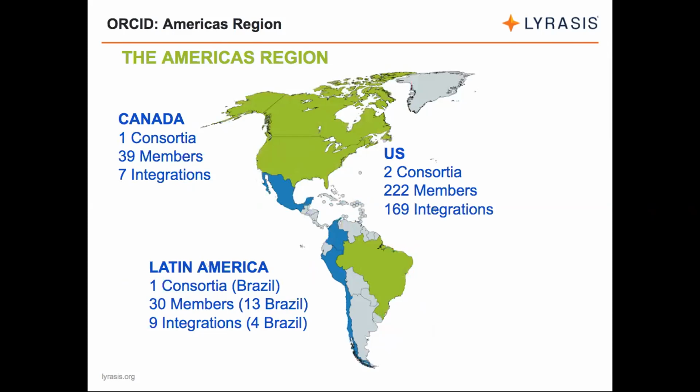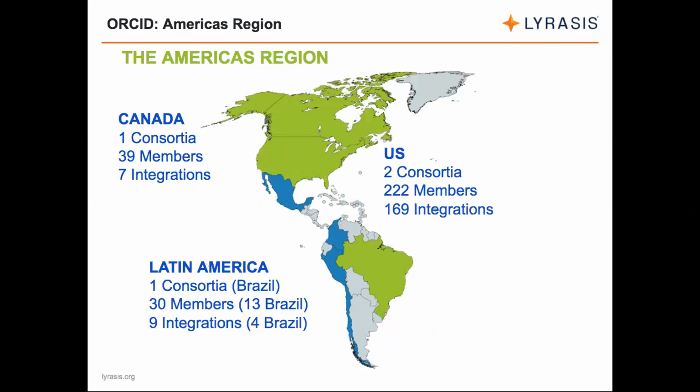Canada has one consortia and Latin America has one consortia, but the US does have two, one of them being the Health Research Alliance, and then the other one being this one. And there's 222 members across all of the US consortia and independent, and then 169 integrations.